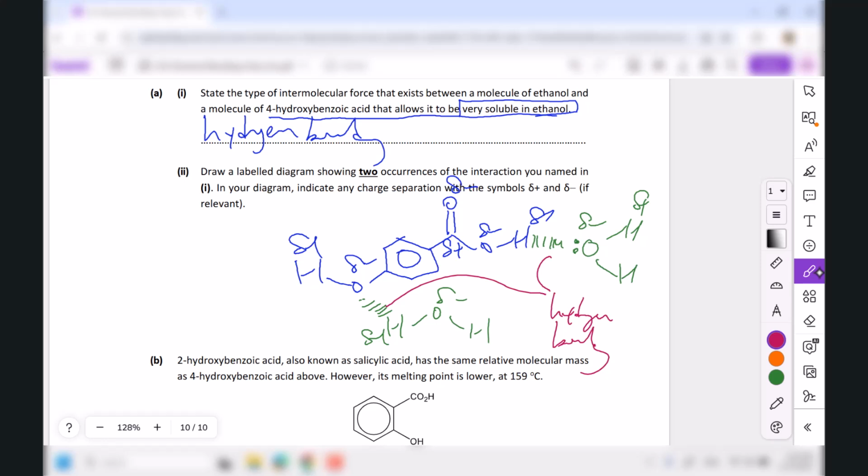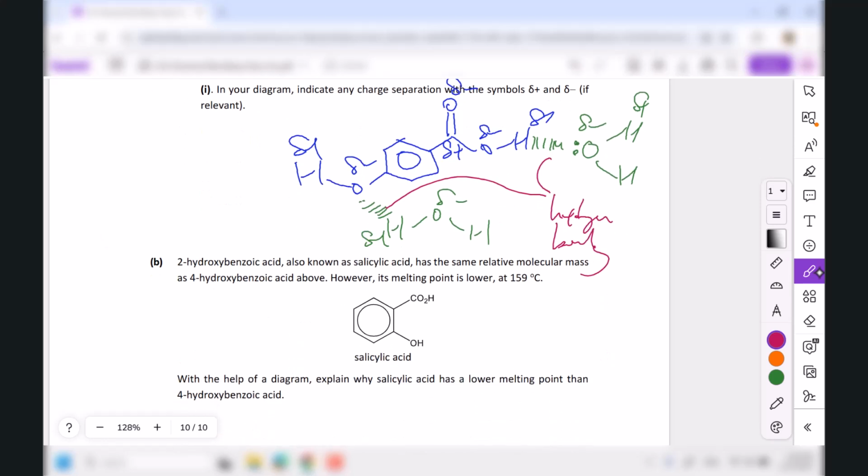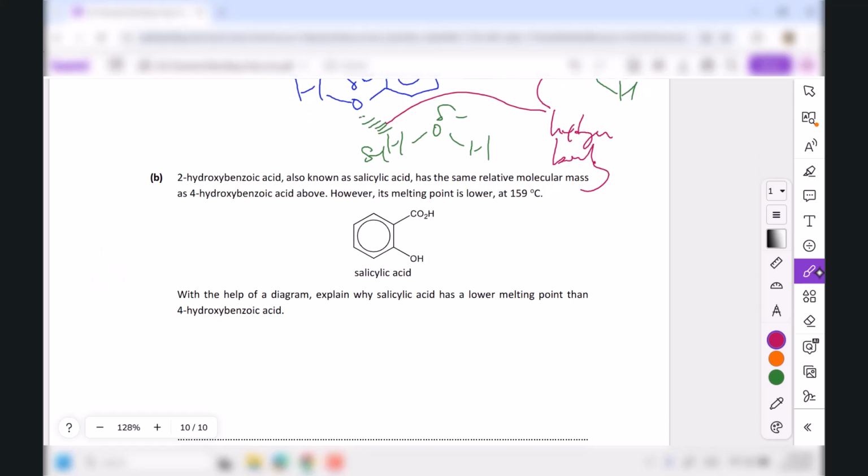Basically, hydrogen bonding is the intermolecular force of attraction between molecules, and they tend to be very high in strength compared to the instantaneous dipole induced dipole interaction. So therefore it is given a special name and it has some special consideration.